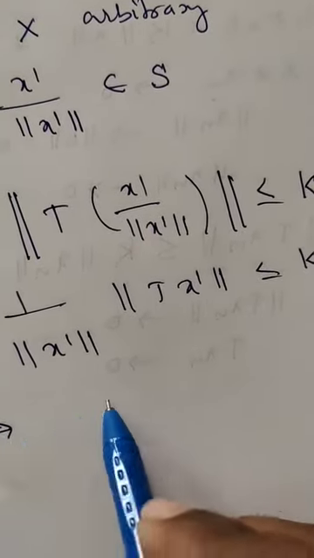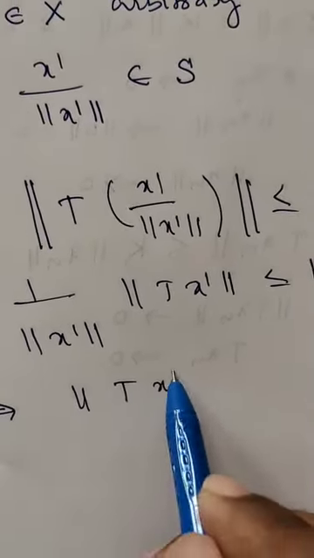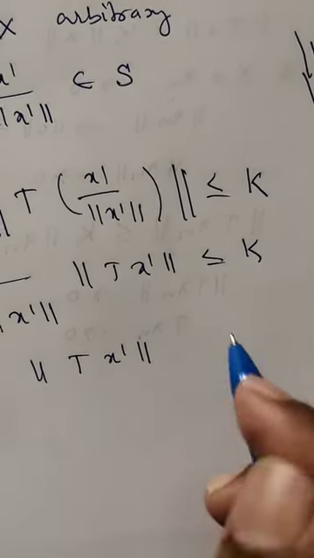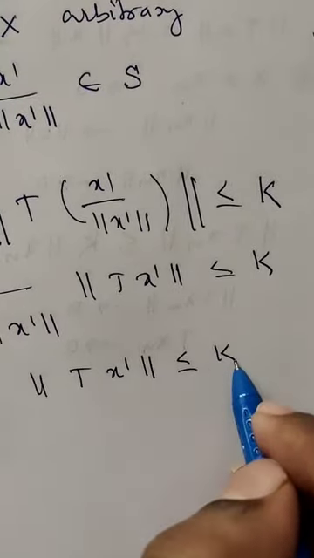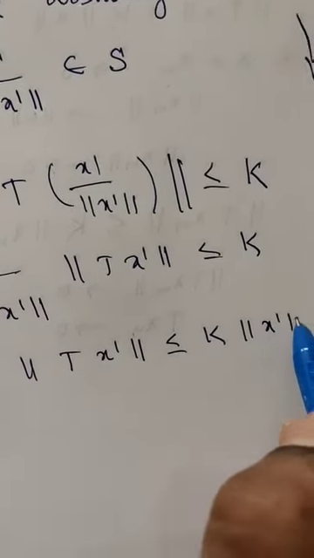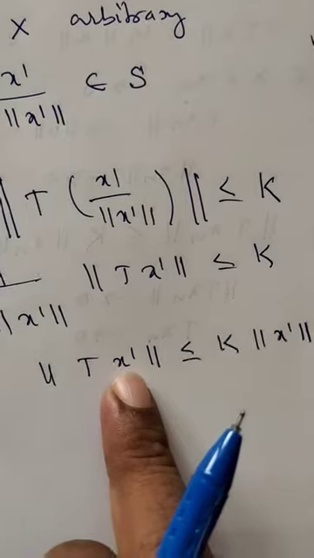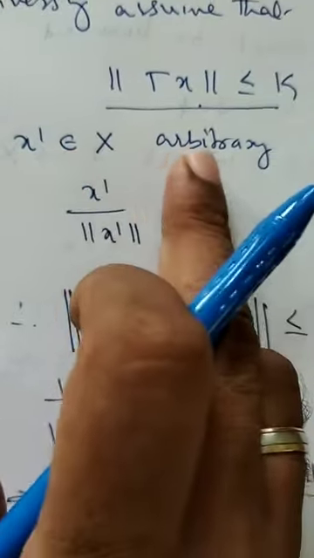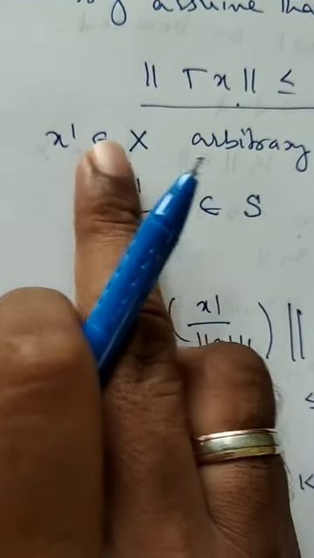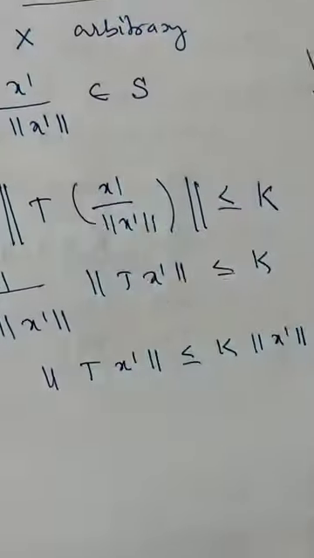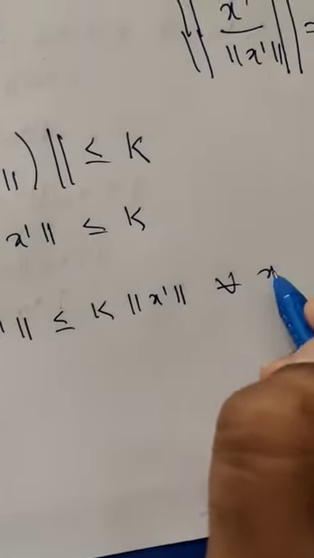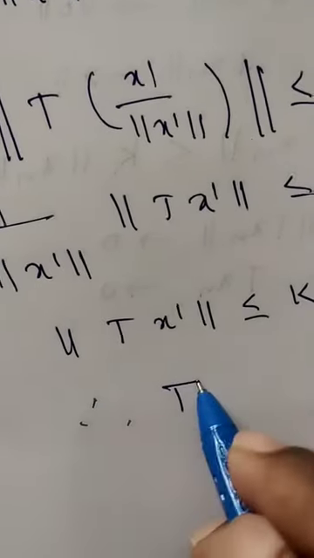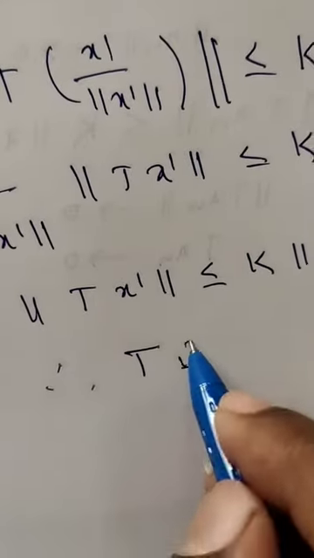This implies the norm of T of x dash is less than or equal to K times the norm of x dash. This holds for every x dash because x dash is an arbitrary element of X. Therefore, by the definition of boundedness, T is bounded.